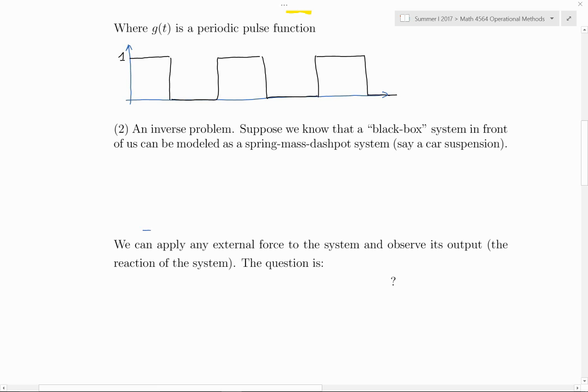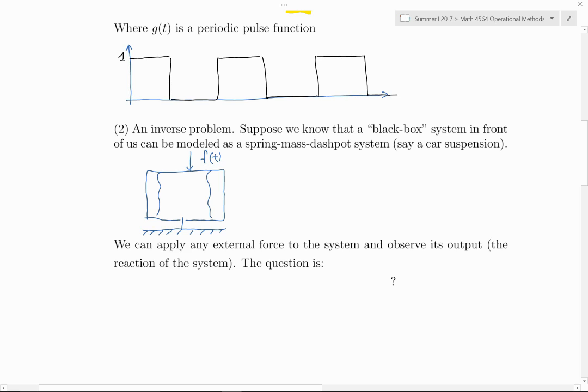So let's look at a very simple black box type problem. We have something that has inner workings of a spring-mass-dashpot system. We can apply any external forcing as we wish, and we can observe the system going up and down. And can we figure out what's going on inside?